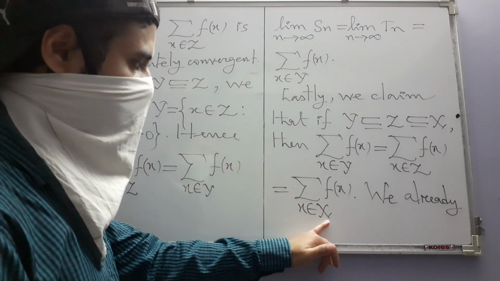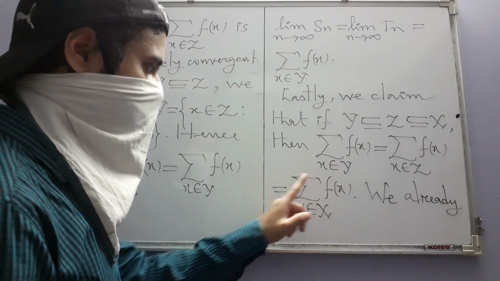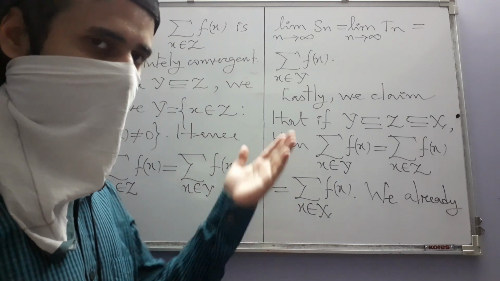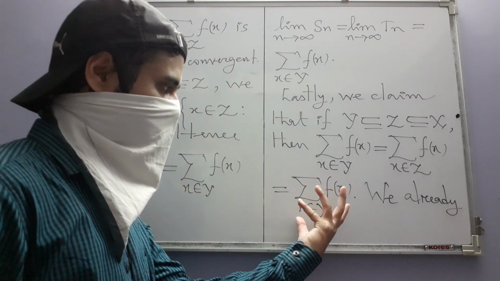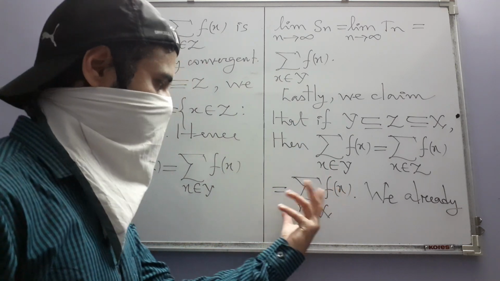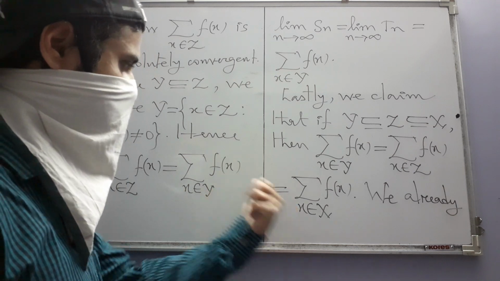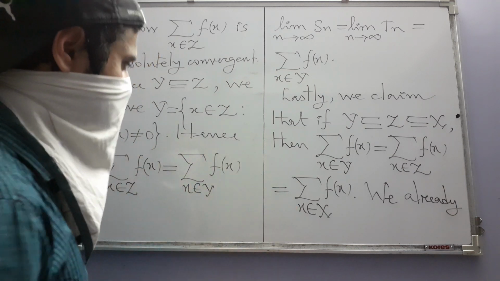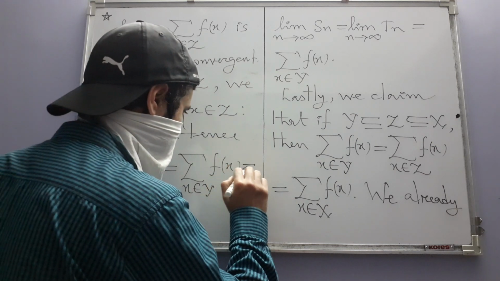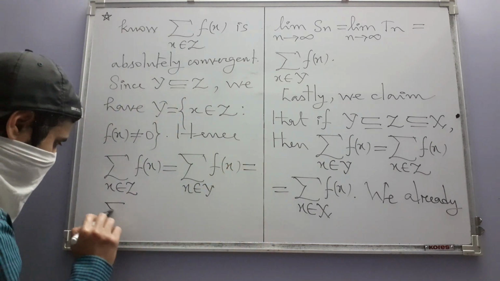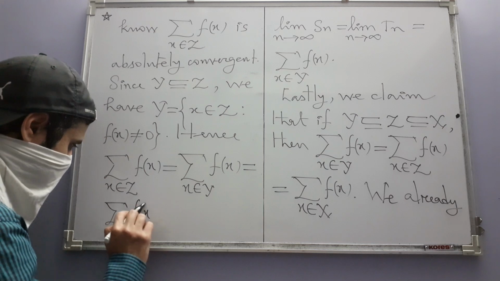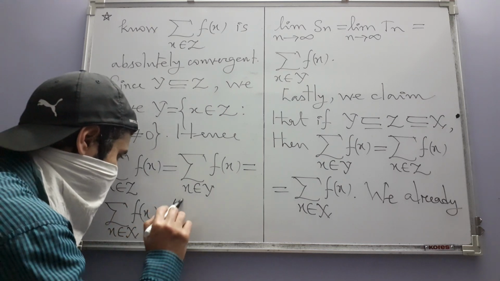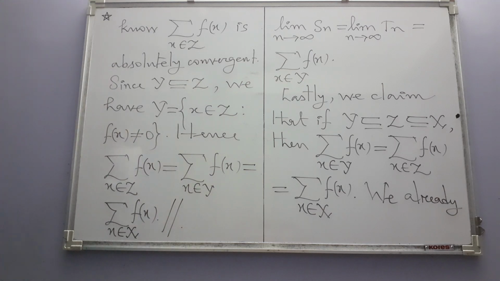That is, for the set x we have the set y, so for the set z also that similar set is y. And we have already proved that when this is absolutely convergent, not only is this absolutely convergent, but the sums are the same. So from that we have this, but also we already have this. So that finally ends our solution.